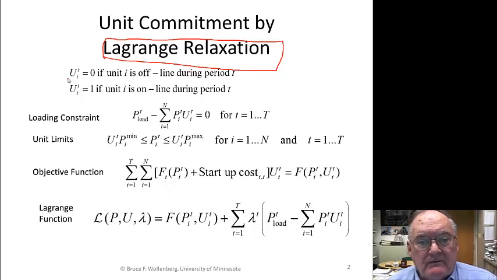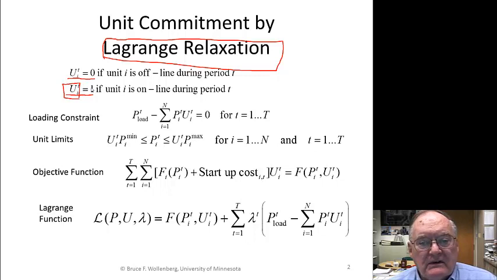So now we're going to start out here. We're going to invent this variable, and the variable has two states: a 1 or a 0. And it's 1 if unit i is on. Remember, this has a subscript and a superscript. Subscript i means it's unit i, and t is the time period.